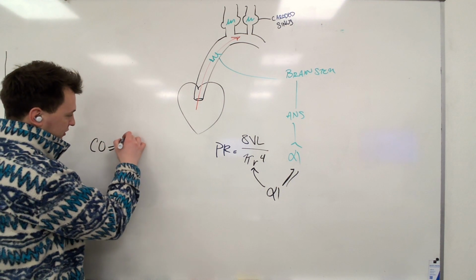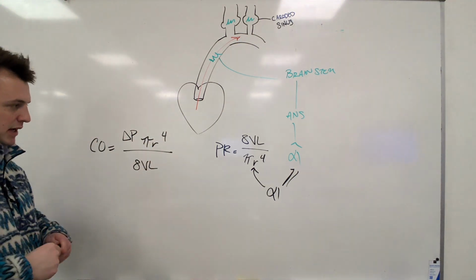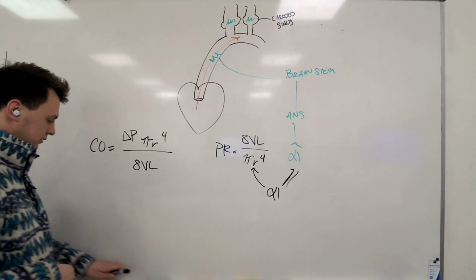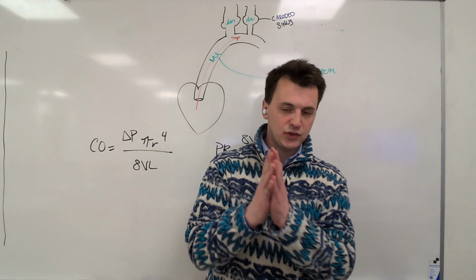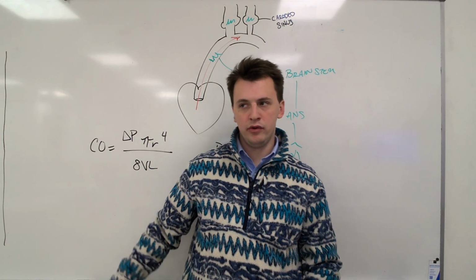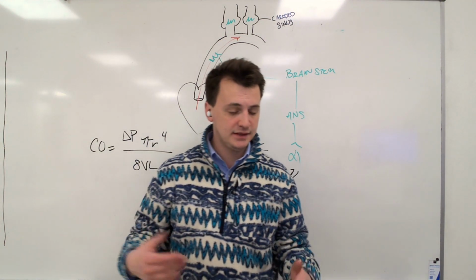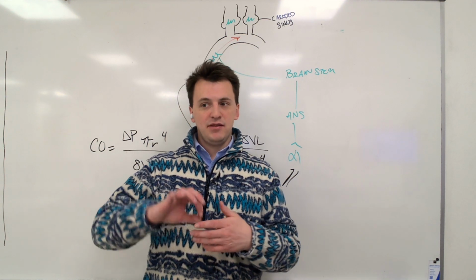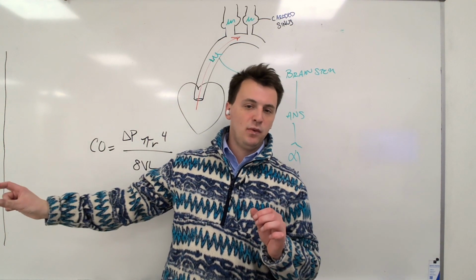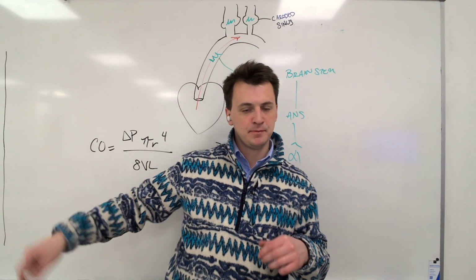Cardiac output equals the change in pressure, again, over peripheral resistance. We have things going on. So that is what's going on with the body. And there's so many other things going on, like with the RAS system in the kidneys. The RAS system could get activated in the kidneys, and we could have eventually angiotensin 1 turn into angiotensin 2 from the ACE enzyme.